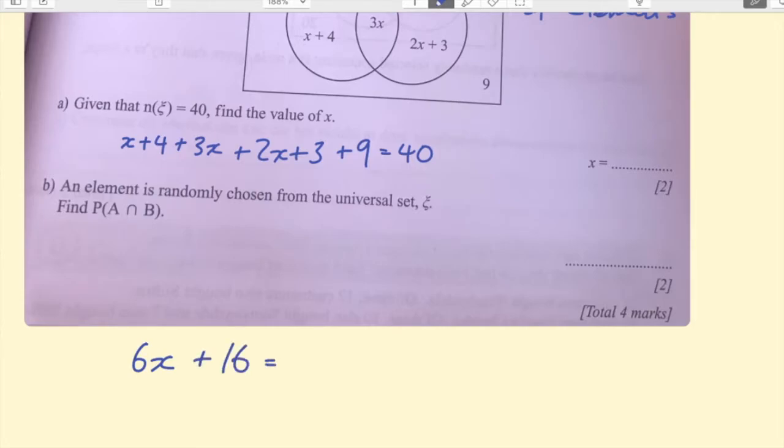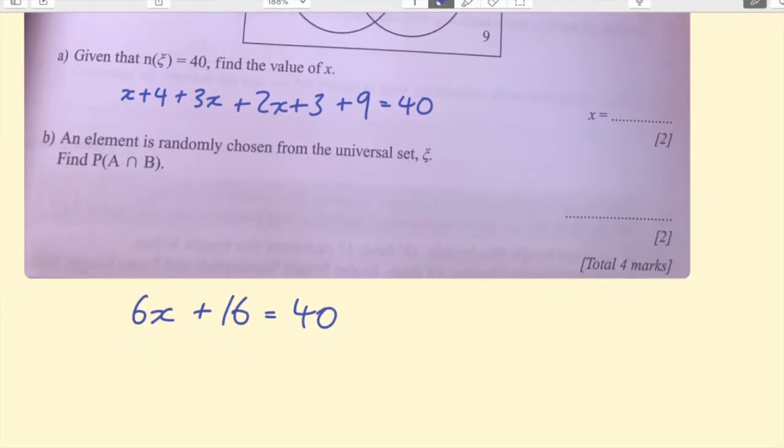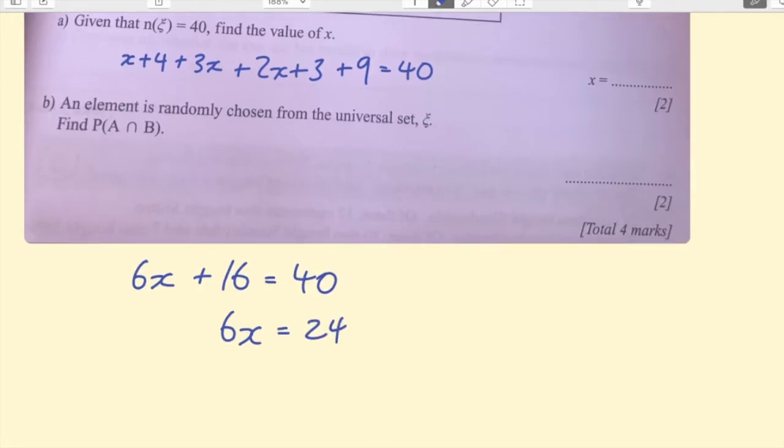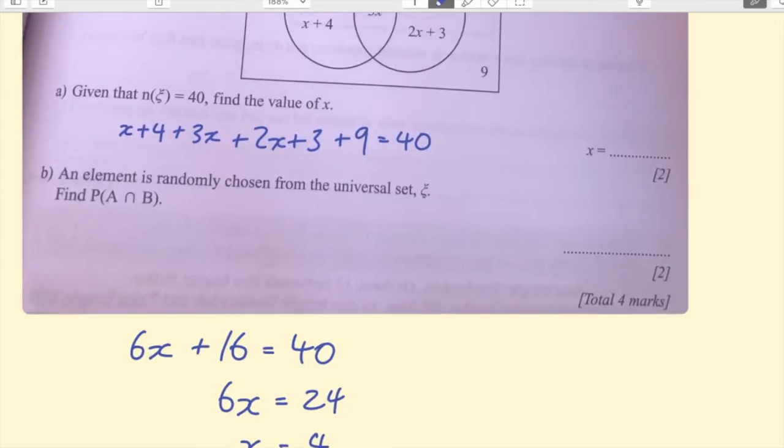And that all equals 40. And then I can continue solving this. So this is going to be 6 lots of x equals 40 minus 16. That's going to be 24. So x equals 4. Okay, so that's my answer for part A.